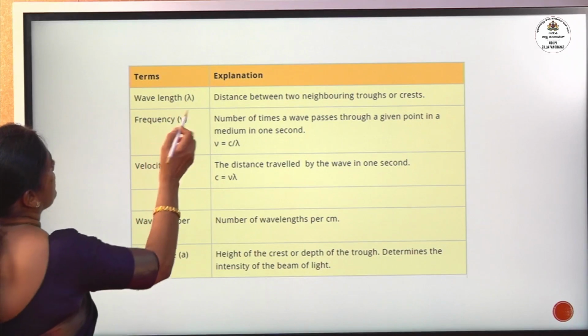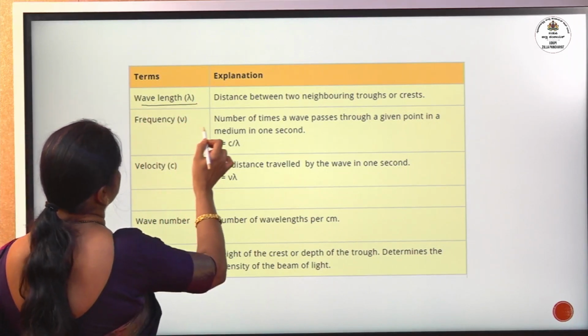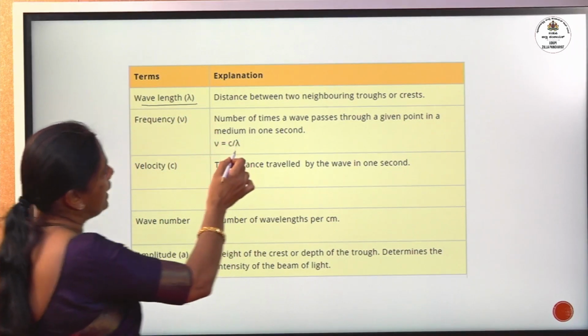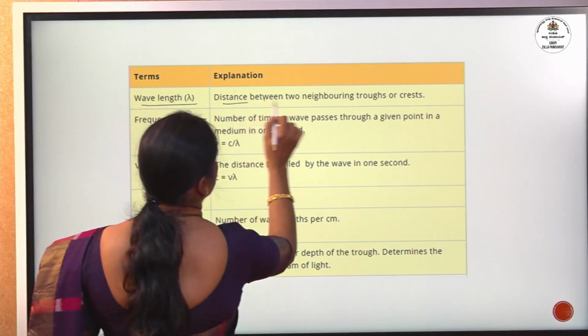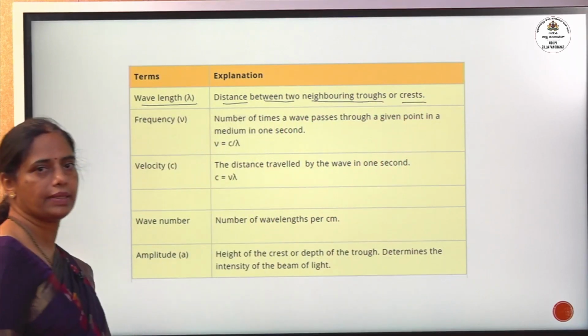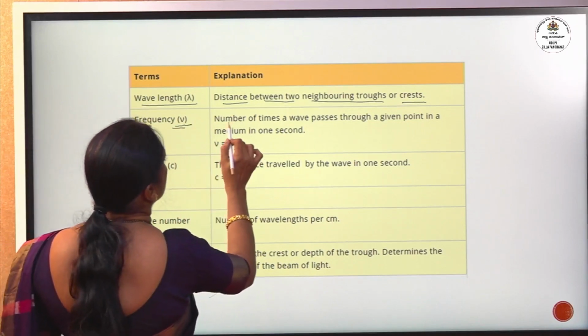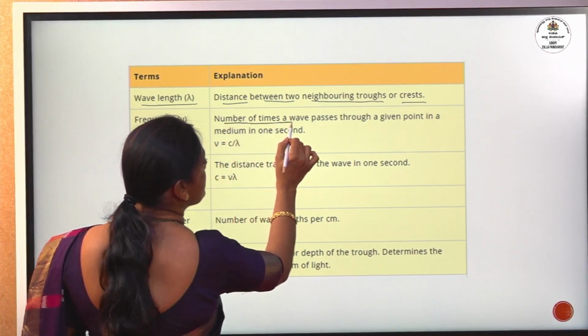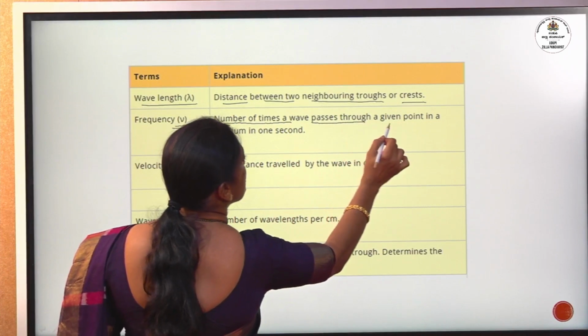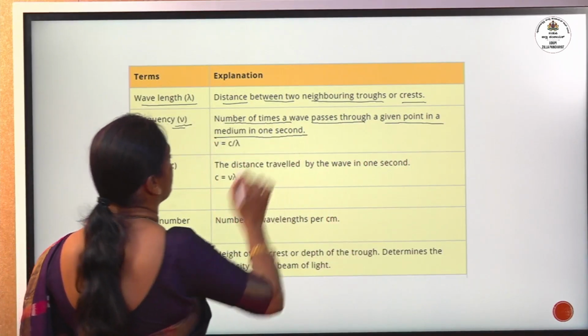Next, some terms explanation we will see. Wavelength, lambda, is the distance between two neighboring troughs or crests. That is wavelength. Frequency nu is the number of times a wave passes through a given point in a medium in 1 second.